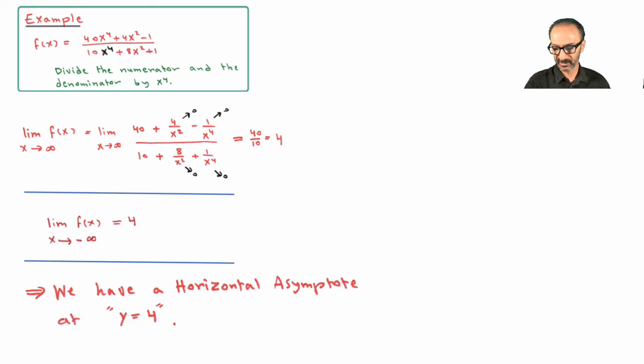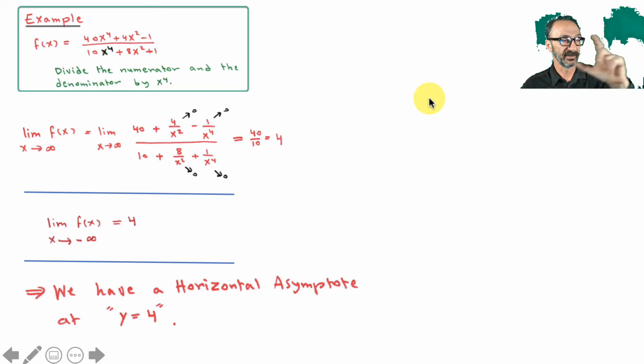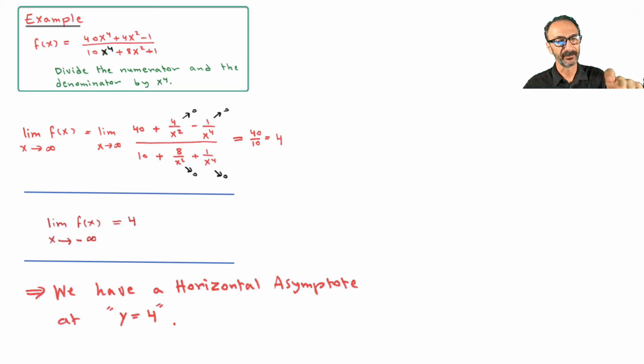Before I jump to the second example, I want to say something quick. You see this right here, that's x to the 4 and this is x to the 4. Whenever we have the same level, the same power of top and bottom side, the leading terms, that's what counts. Everything else goes away.